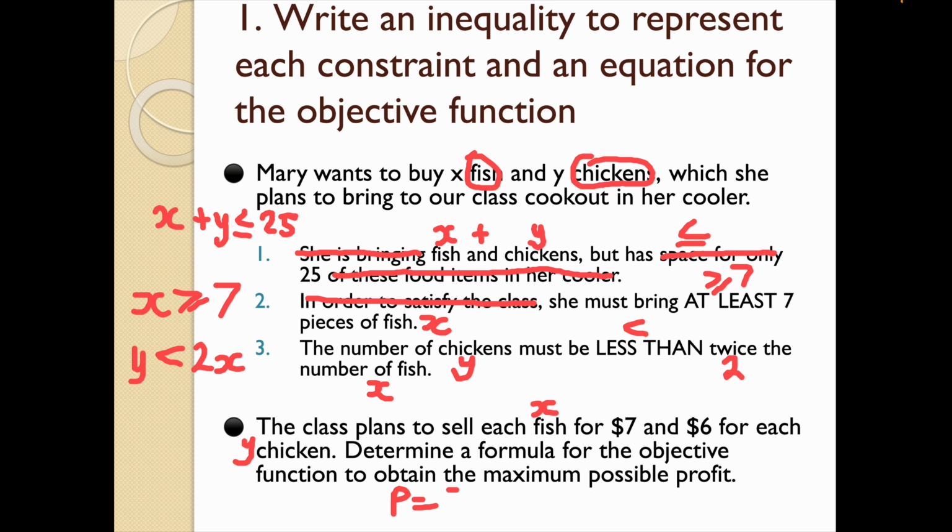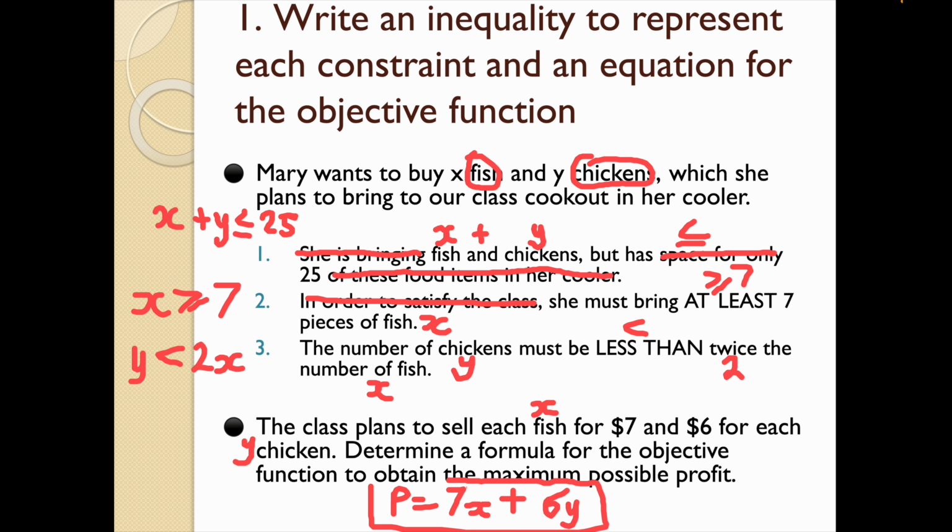That means $7 times the number of fish. If I have 2 fish, it's going to be 7 times 2. If I have 5 fish, it's going to be 7 times 5. Then I have to add $6 for every chicken, so 6 times the number of chickens, whatever chickens she has in the cooler. So this here is an objective function.